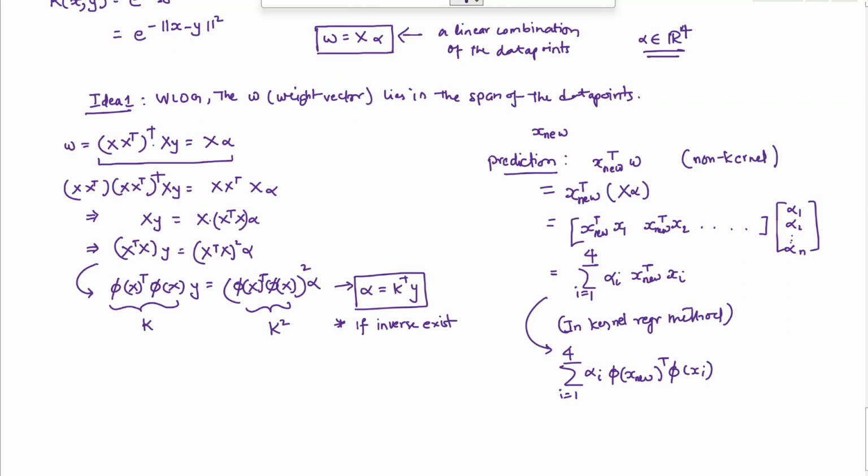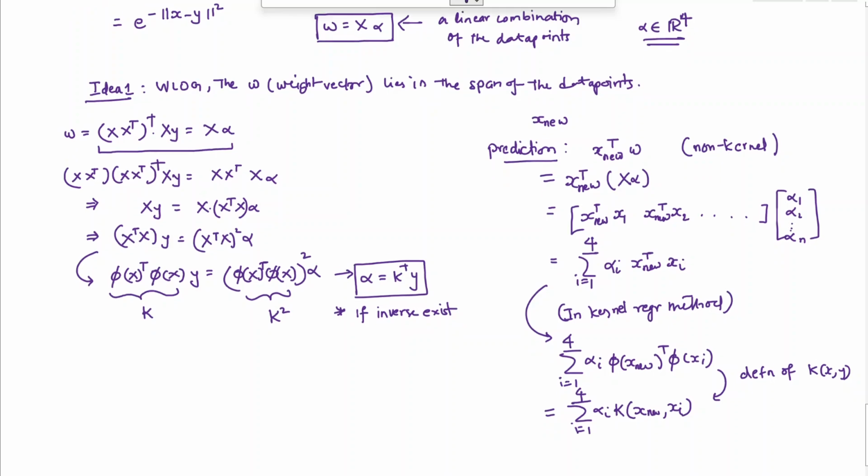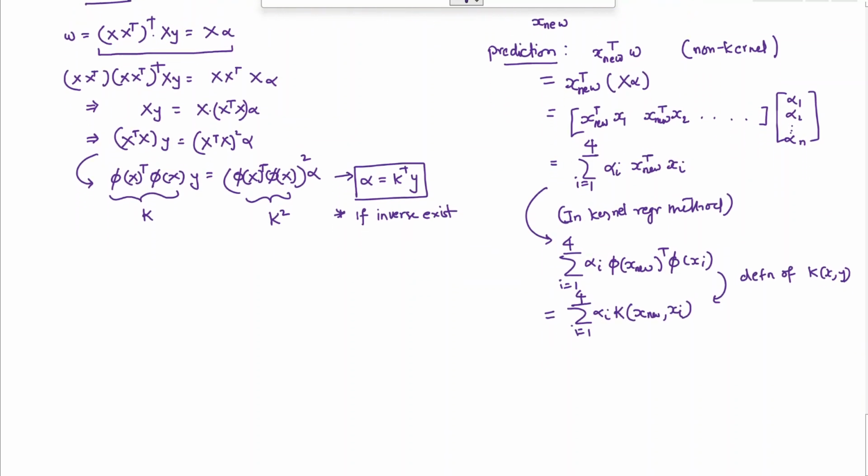And we know that phi of x new transpose phi of xi is nothing but the kernel of x new comma xi, by definition. That is how the kernel is defined, the definition of k of x, y.